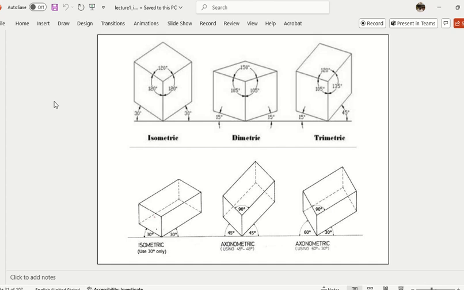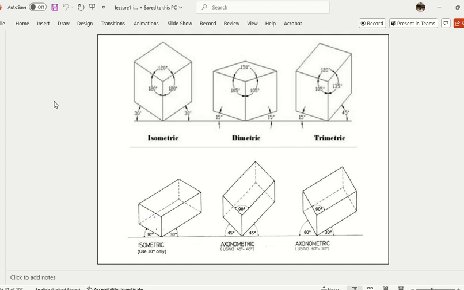There is a drawing style in which the third dimension is made according to the exact value. And in the style which you see at the bottom, the angle is the same. The horizontal axis is tilting at the same angle, but the third dimension, the one which is going the other way, we make not according to the exact actual dimension.